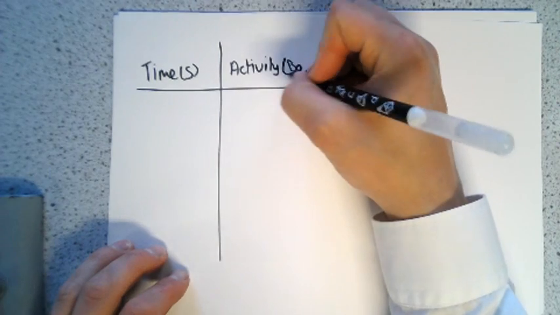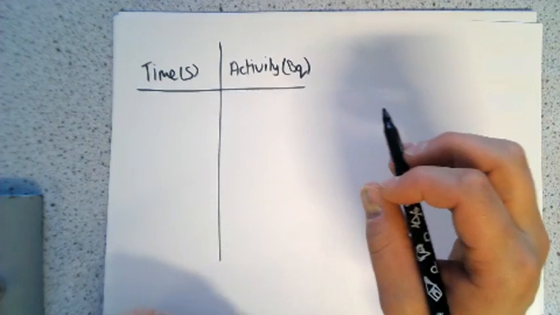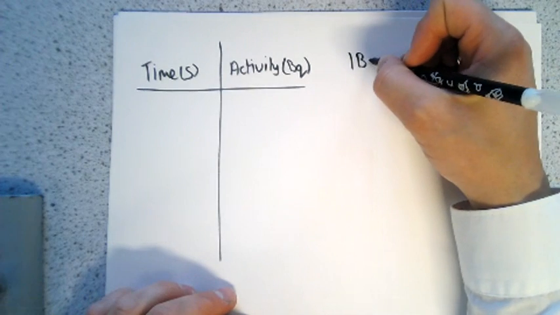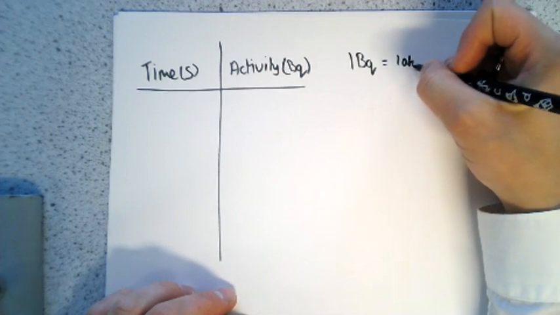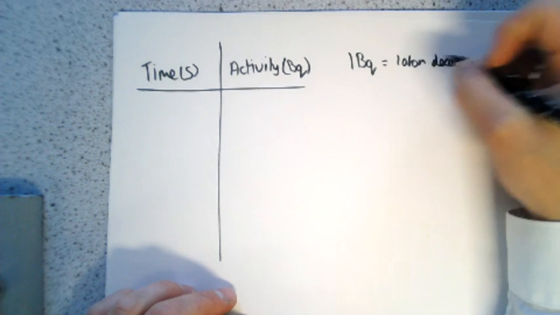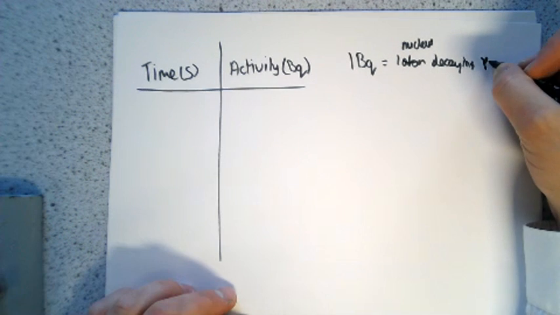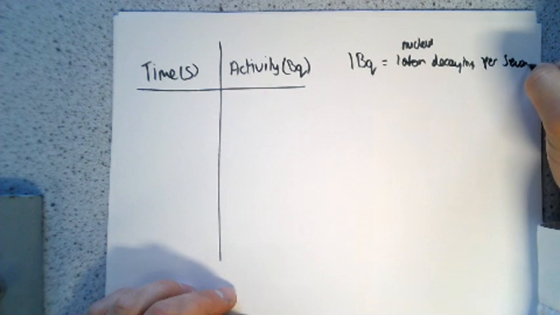That's just a unit of measurement named after a gentleman who did some work on radiation, Henri Becquerel. If you've got 1 Bq, you've got 1 nucleus decaying per second. So it's a rate.